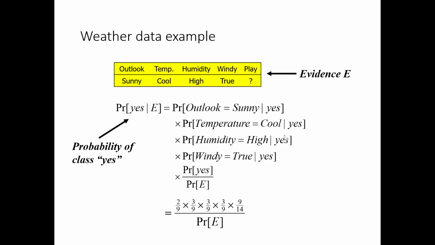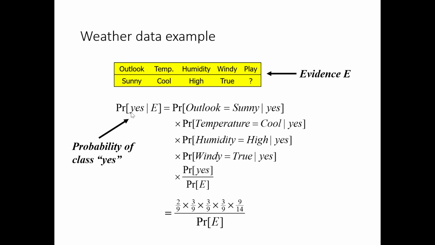You multiply with given the class is yes when temperature is cool, given the class is yes humidity is high, given the class is yes wind is true, and then we multiply by the probability of yes, and you divide by the probability of the evidence E. So you get exactly the same thing that we did earlier.